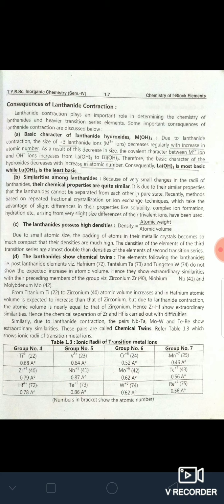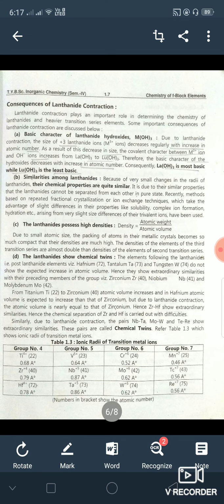Next is the lanthanides show chemical twins. In first topic we see that due to similar properties lanthanides cannot be separated. And here we see the lanthanides show chemical twins.